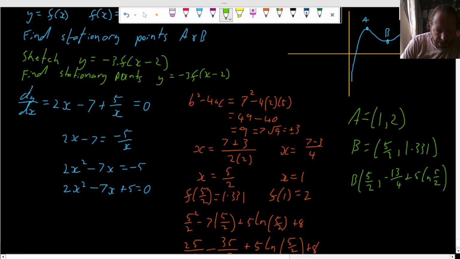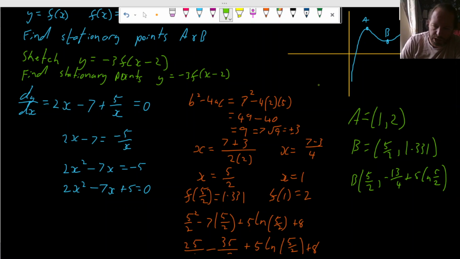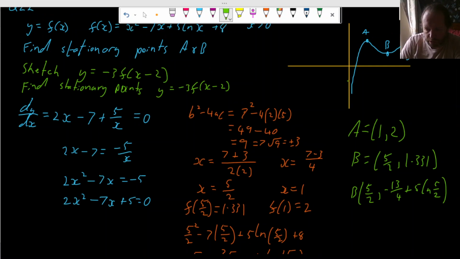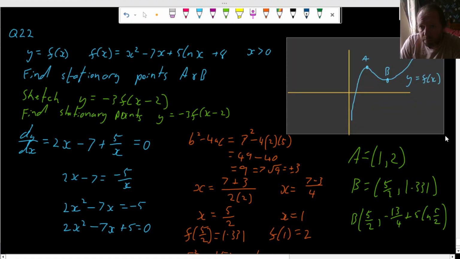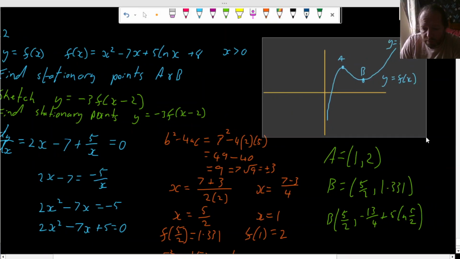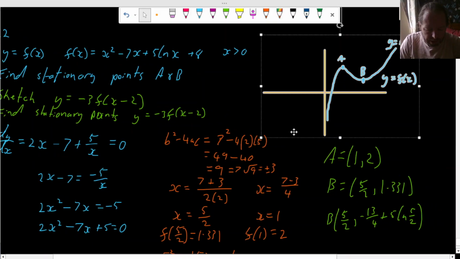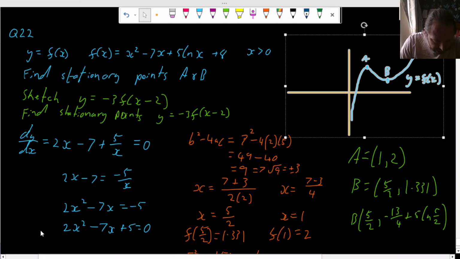Sketch this: minus 3 f of x minus 2. Alright, well, I think what I want to do is probably take a copy of this graph that we've already got so that we can talk about it and see where we get to with it.